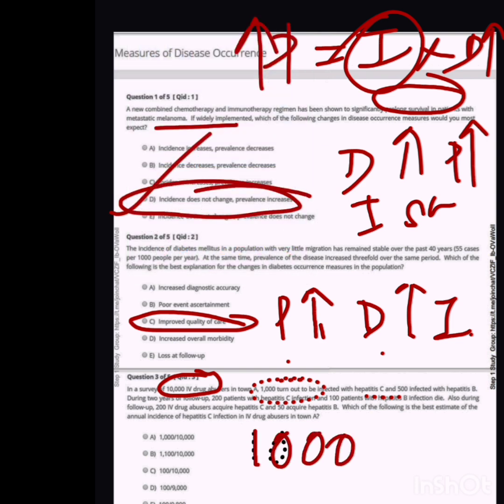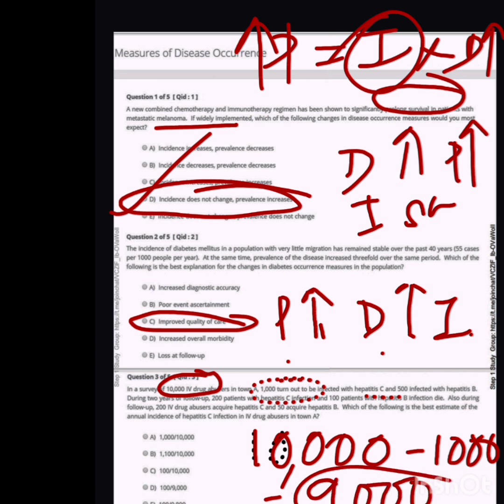Never mind this 1,000 because it's already infected. So out of 10,000, the rest is 9,000. We have to do the survey in this 9,000. We have to consider the remaining 9,000 people in the survey.